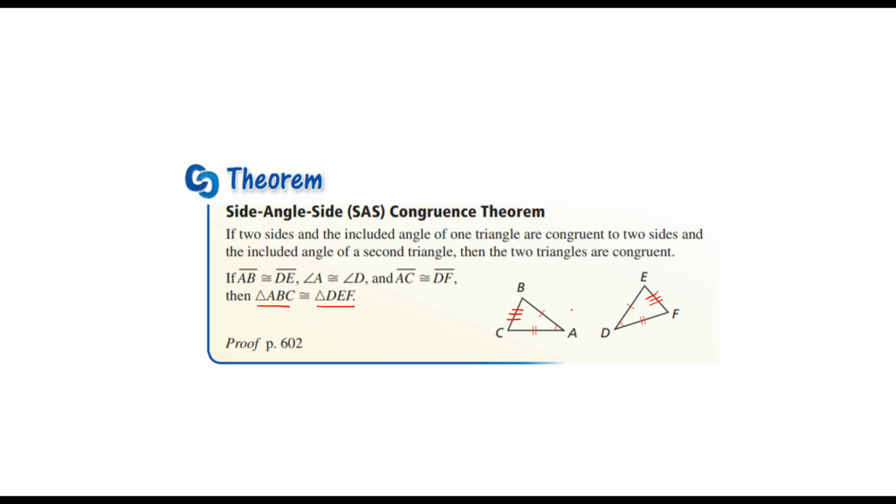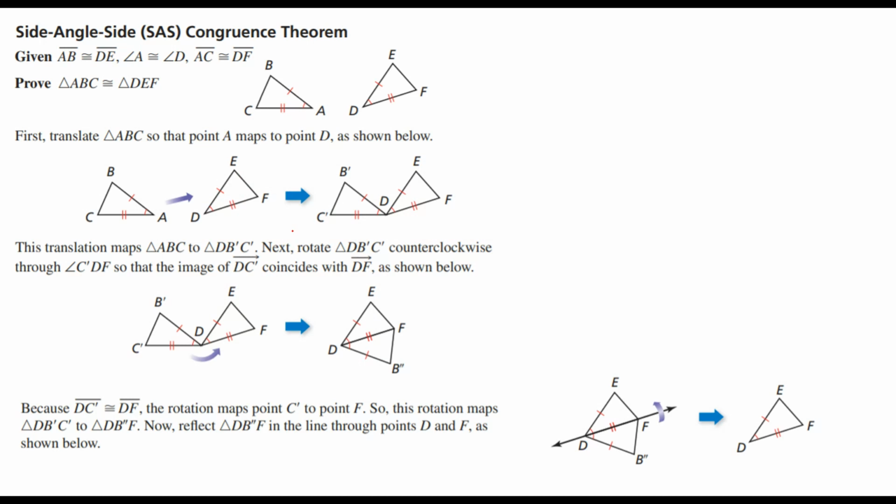But for now, that's enough. Basically, we went from the side to the angle to the side and proved the two triangles are congruent. Here's all that gobbledygook about rotation and reflection that maps it onto each other, but basically it makes two congruent triangles.